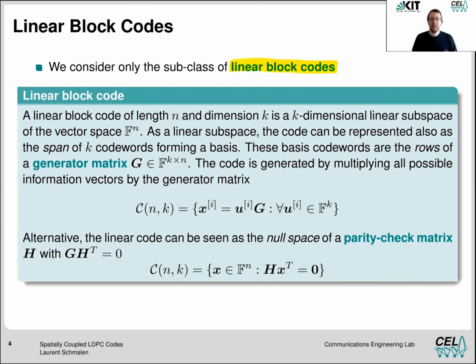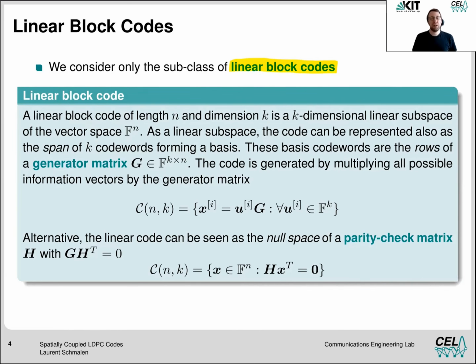The basis is formed by k different code words. And we group these k basis code words into a generator matrix, G, of dimension k times n. The rows of this generator matrix form the basis vectors. In coding theory, we usually put the basis vectors in the rows and not in the columns, as you may be used to. This has a historical reason. The definition has been like this, and that's why we keep it like this.